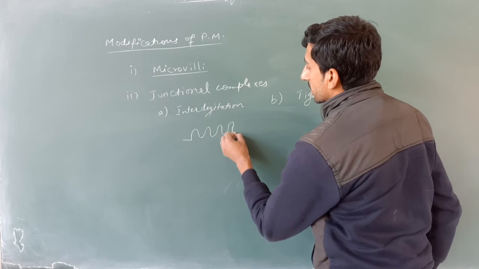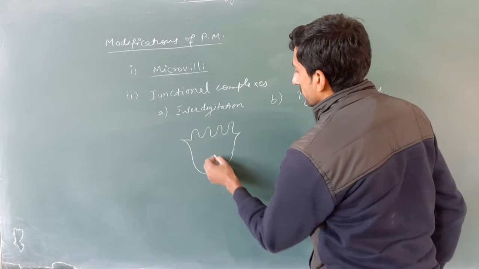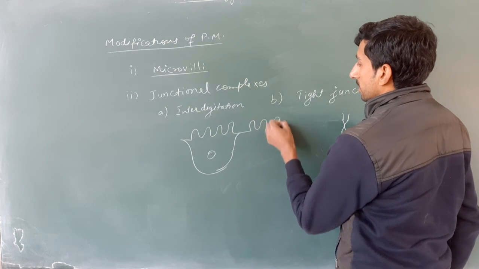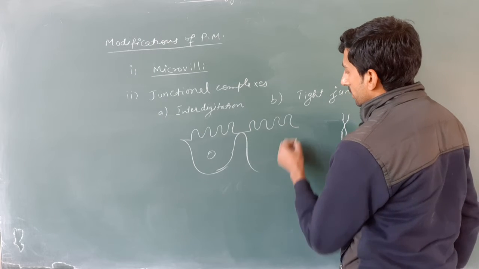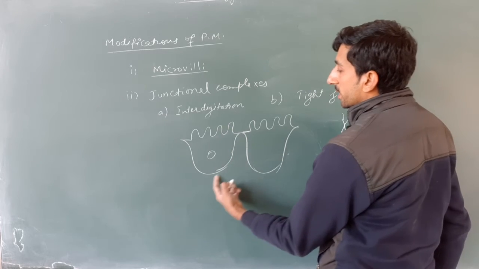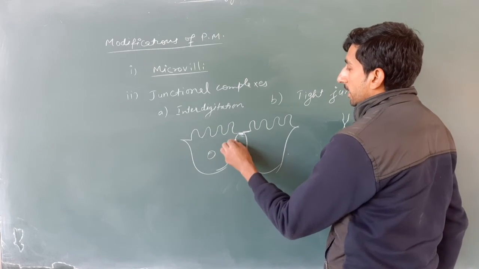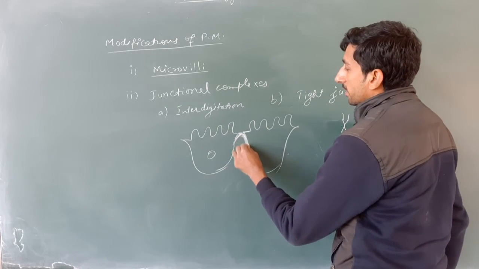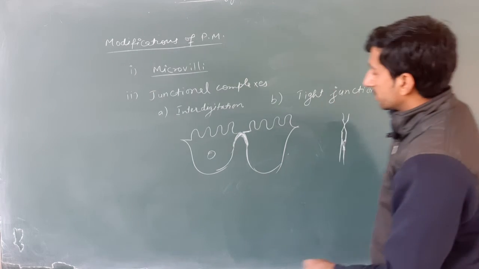This is one renal tubular cell, and this one is another. This is the apical membrane and this is the basolateral membrane. Here at the start of the basolateral membrane, tight junctions are formed.